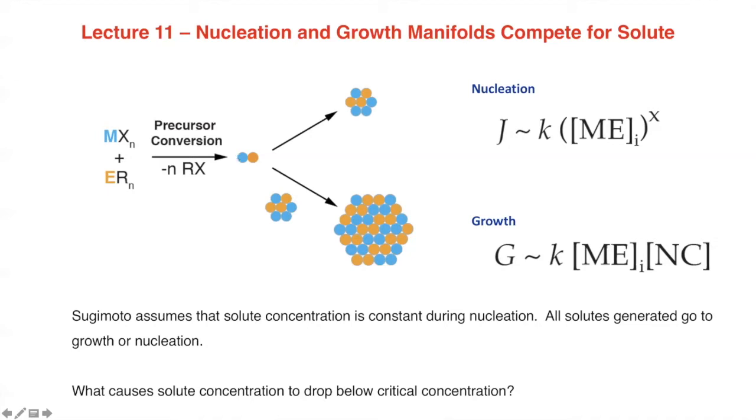So the objective is to consume the supersaturated solutes, right? We want to lower the solute concentration. And so, the only ways to do that are to make new crystals or attach to existing crystals. And there's a choice. There's sort of a competition between those two processes.